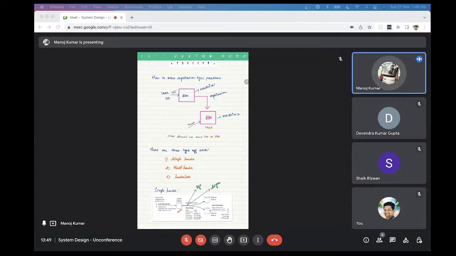But when a user writes 100 to machine 1, at the same time another user is reading 500 from machine 2. So there are always replication lag problems.